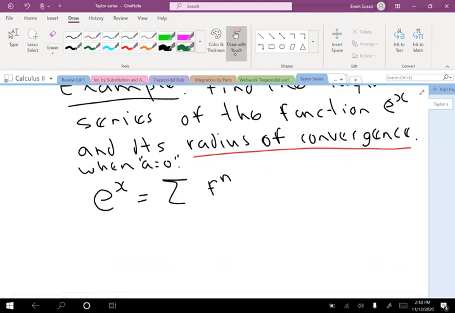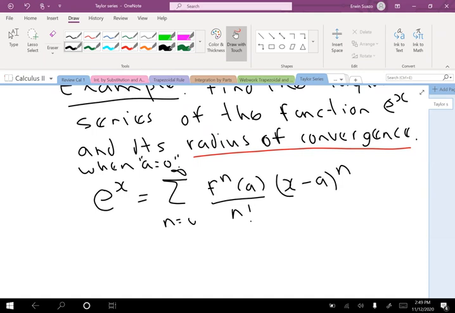So my formula is f^(n)(a) divided by n factorial times (x minus a) to the n, n equals 0 to infinity. That's your Taylor series.